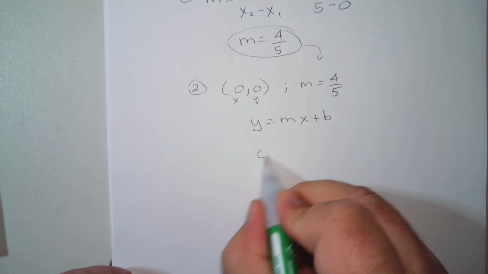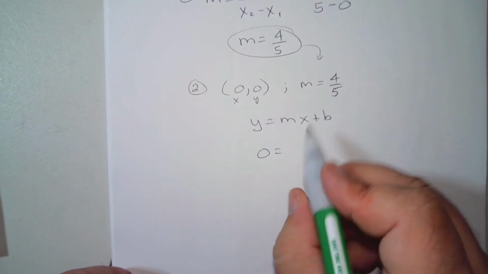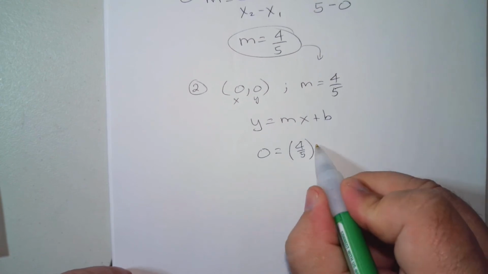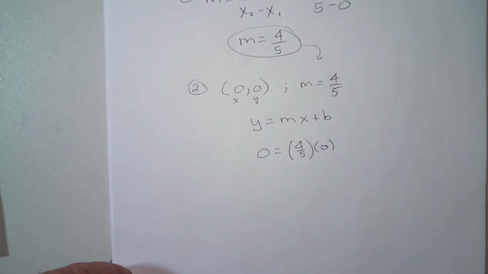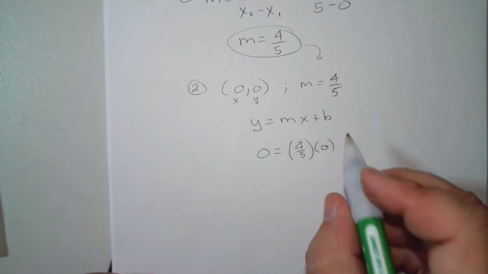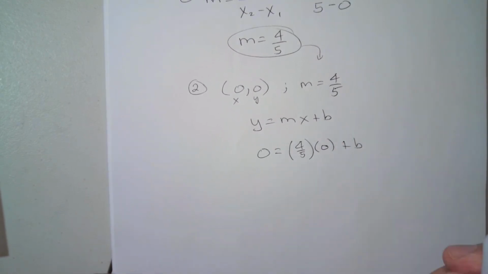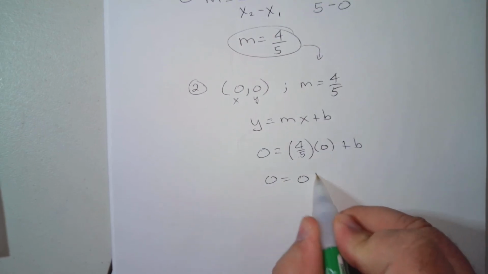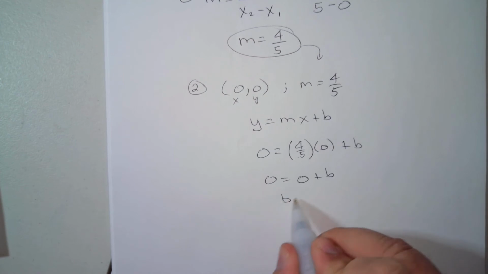So y is 0. M is 4 over 5 times 0 plus b. Solve for b. Anything times 0 is 0, so b is 0.